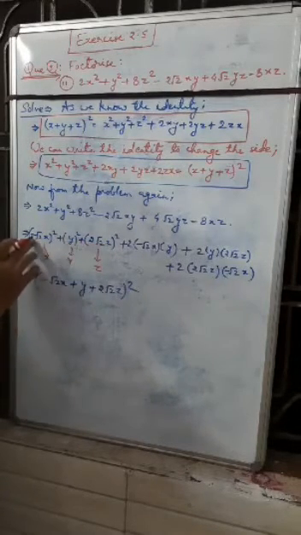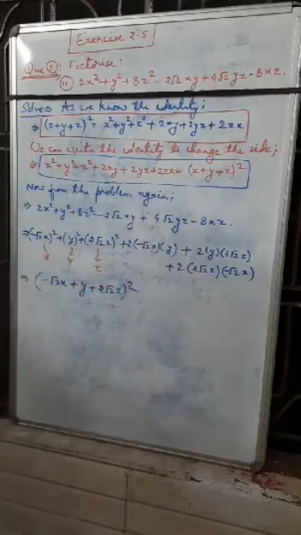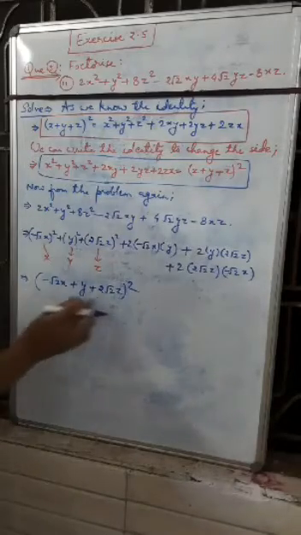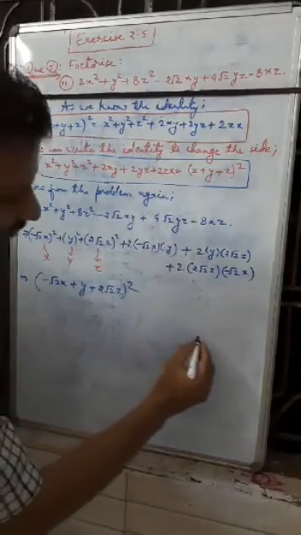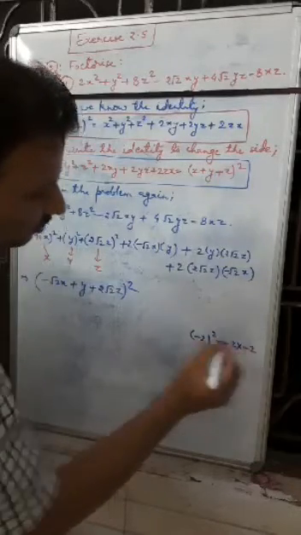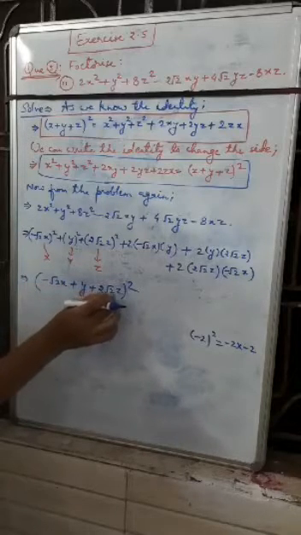So we have converted the equation into minus root 2x plus y plus 2 root 2z square. Square means minus 2 into minus 2. Similarly we have root 2x plus y plus 2 root 2z whole square.